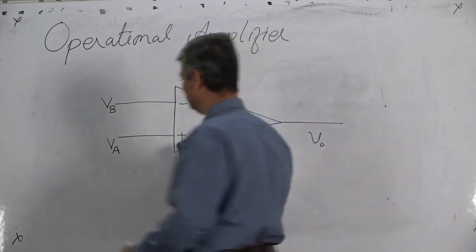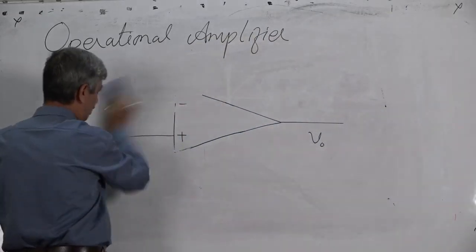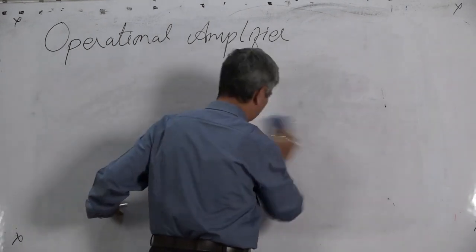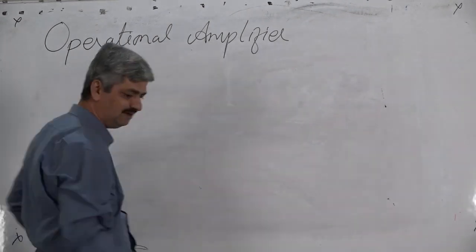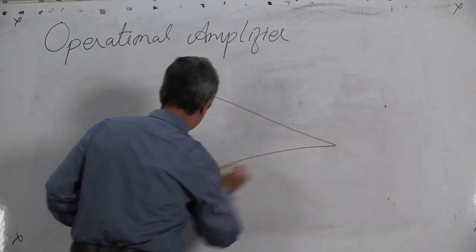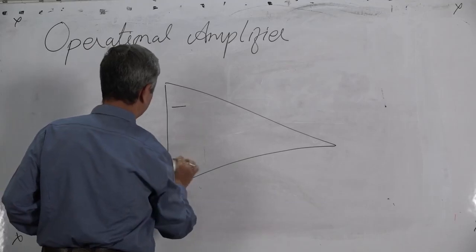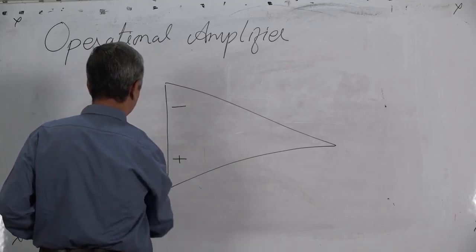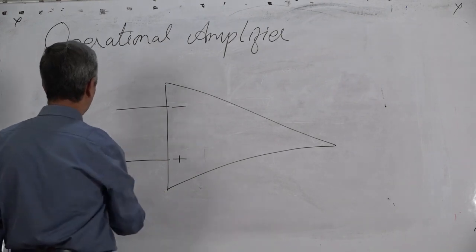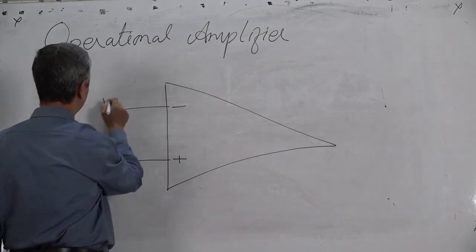So, to make things simpler, I am drawing the op-amp big. You must be contained in it, so it is somewhat bigger. Like this. It has 2 input terminals, VA and VB.